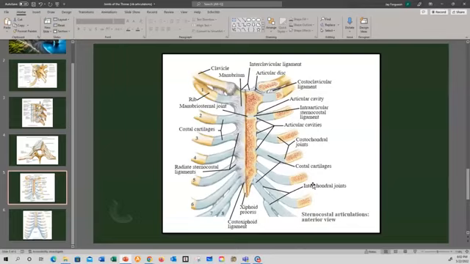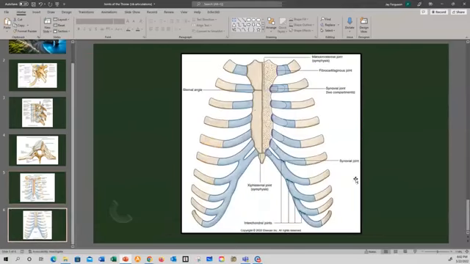Sometimes they might say 8th through 10th, but they may also involve the 5th and 6th costal cartilages, so it could be variable between references. And again, these are usually synovial joints, and they also contribute to the costal margin.